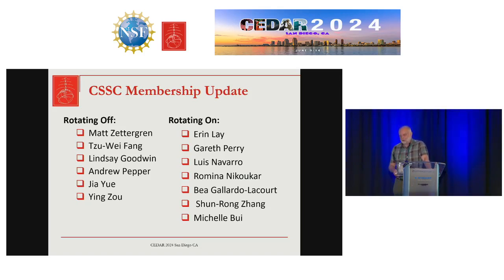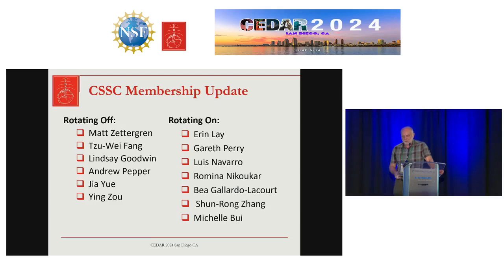We have new members rotating on. I'll read the names out, and then I have photos on the next slide. So the new members coming on are Erin Lay, Gareth Perry, Luis Navarro, Romina Nukoka, Bea Gallardo-Lacourte, Shenrong Zhang, and Michelle Buey.